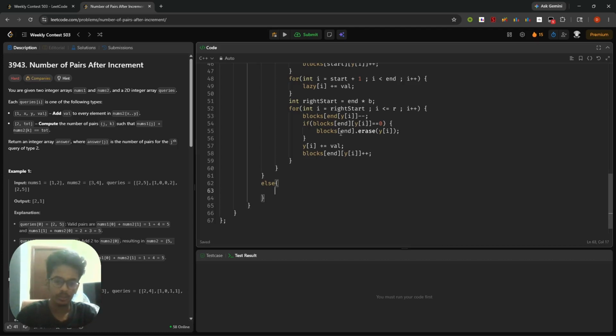So if it's a type 2 query, int total would be at query of 1. Now we need to count something. What was it? Number of pairs. We were supposed to count the number of pairs. I guess this is also some sort of two-sum variant where you count the number of pairs.